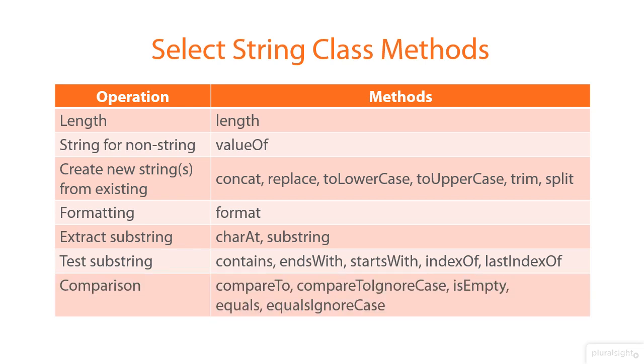And then of course we can do comparisons. compareTo and compareToIgnoreCase check to see if one string is greater than, equal to, or less than another string based on the Unicode character sequences. isEmpty tells us whether we have a zero length string. And then equals and equalsIgnoreCase obviously check for equality. Equals checks to see do we have the exact same character sequence in two strings. equalsIgnoreCase does the same thing but ignoring the case of course.